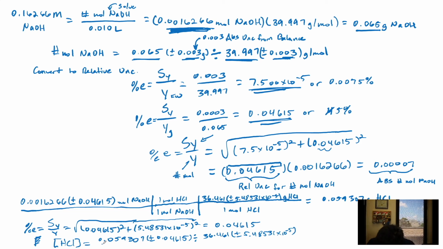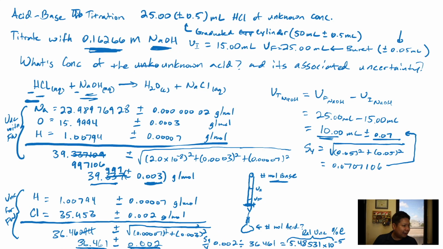All that is divided by the volume we had originally, at the very beginning of the equation, which was, where's that? Right here. 25 mils of hydrochloric acid, unknown concentration, and its uncertainty right there too.